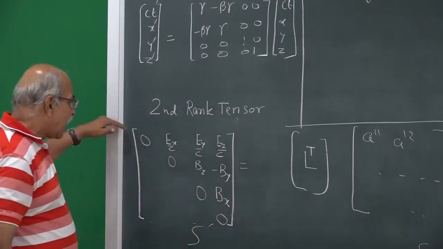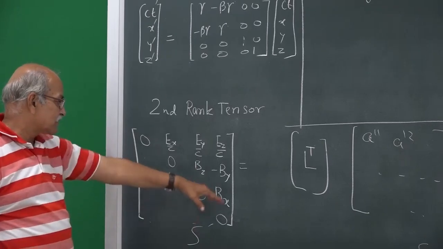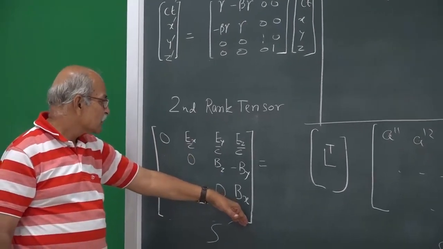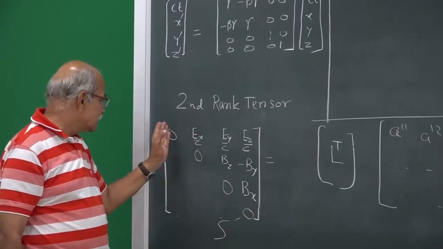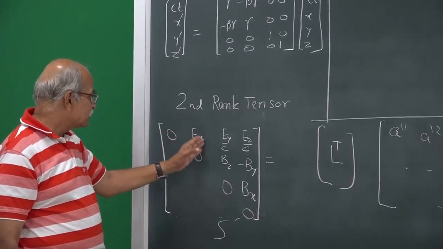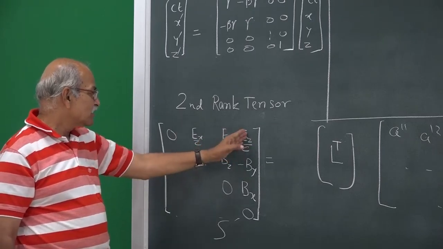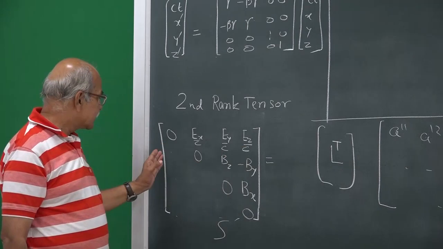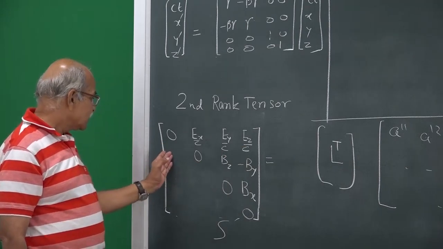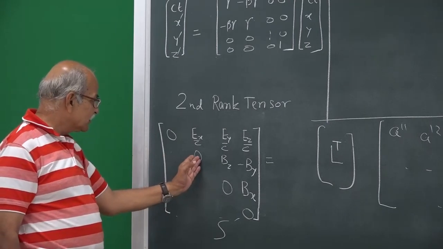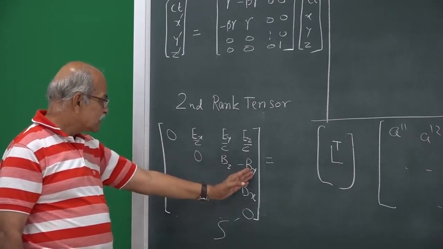So, I have written half of this 4 by 4 matrix including this diagonal. So, these are your diagonal elements, and then the first row is 0, x component of electric field by C, y component of electric field by C, z component of electric field by C. In the second row and second column, this is 0 here, Bz here, then minus By here.